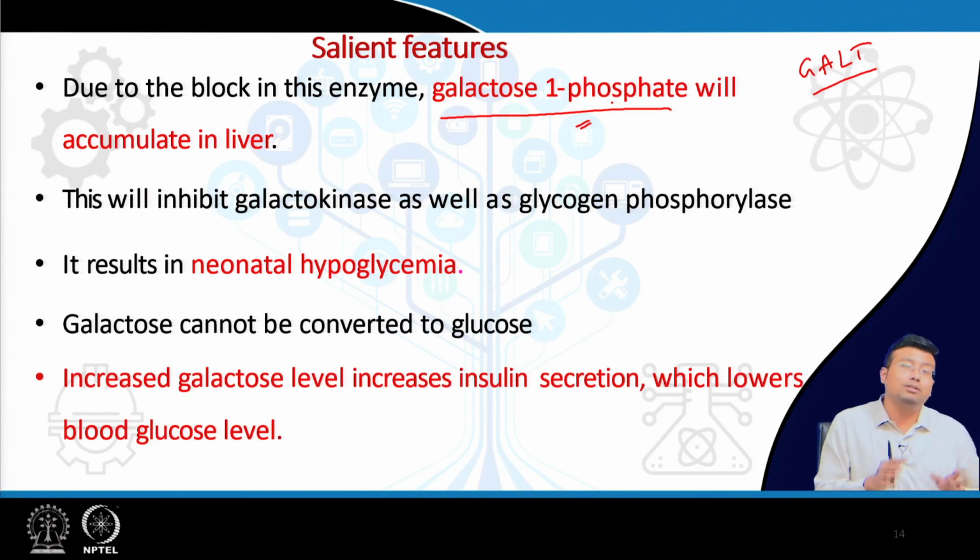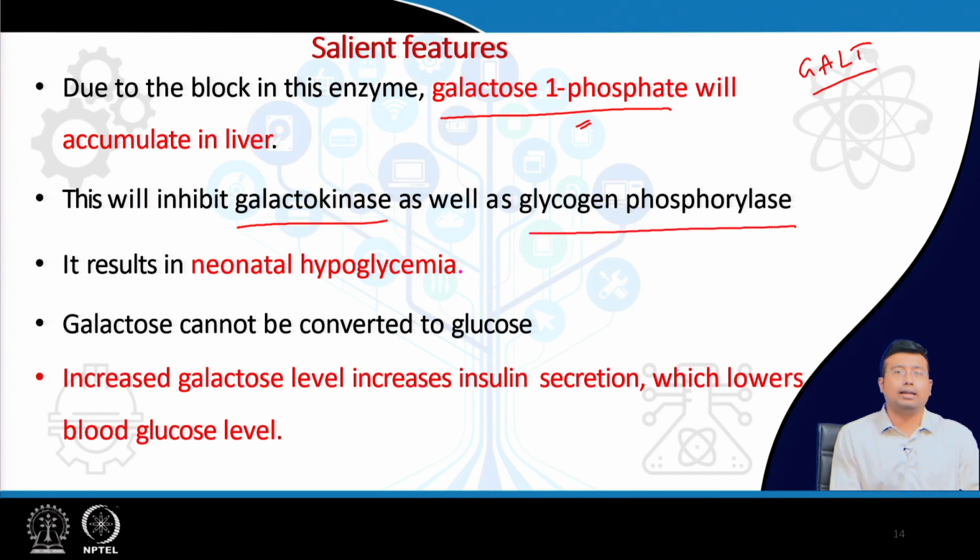But from the day of birth until 4 to 5 years, the action of GALT is extremely essential. If it is deficient, there will be excess accumulation of galactose 1 phosphate, and this will inhibit galactokinase as well as glycogen phosphorylase.